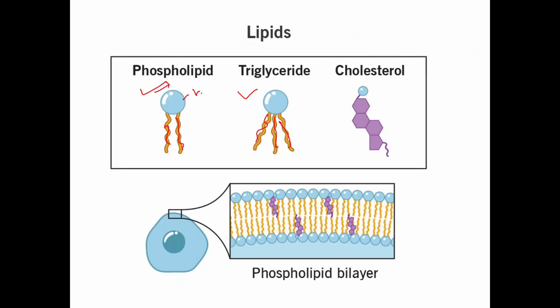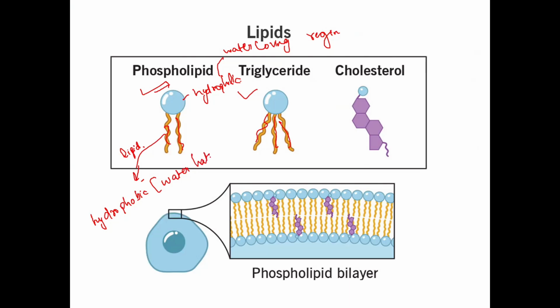The head is hydrophilic, which means the water-loving region, whereas the tail is a lipid molecule and is hydrophobic, which means water repellent and water hating.